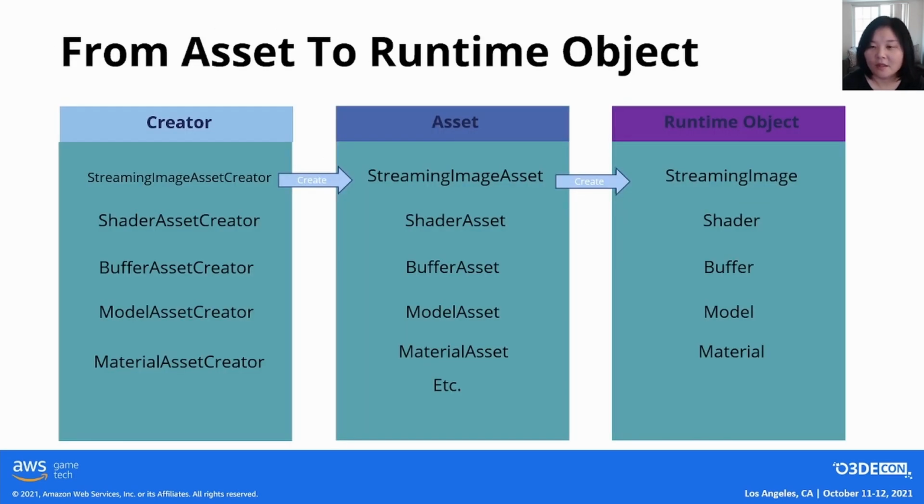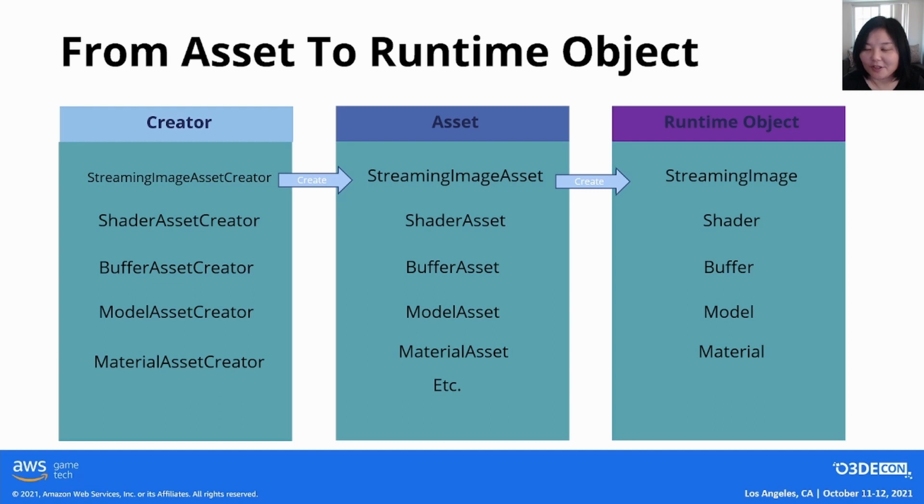RPI has defined some basic assets, whose data is usually required for rendering. We have set up a pattern to create these objects from data. First, use the creator class to create the assets, which encapsulates all the data needed, then create the runtime object from the asset.